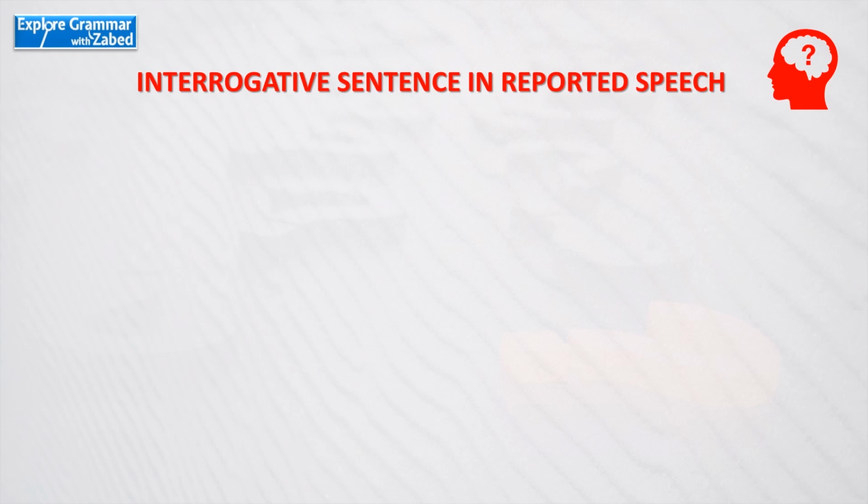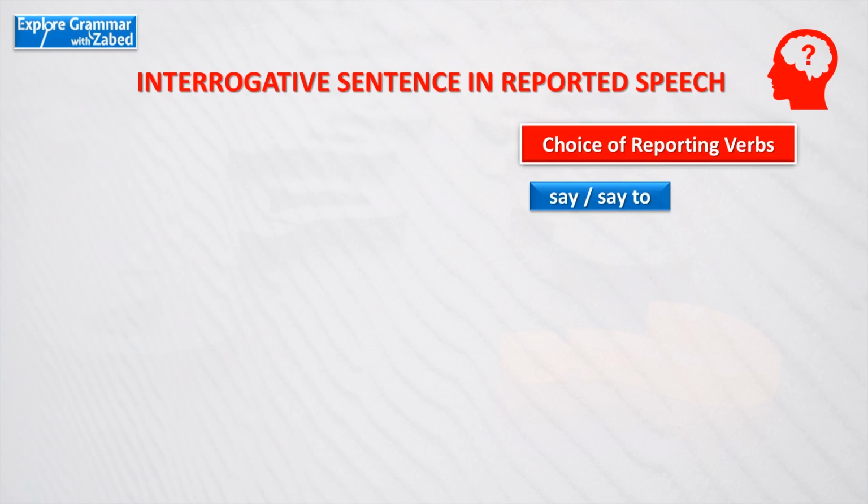There are three important changes you must remember when you convert an interrogative sentence from direct speech to indirect speech, as others remain the same as in an assertive sentence. Changes are change of reporting verb, conversion of the question into a statement, and the replacement of inverted commas. If the reported speech is given in an interrogative sentence, the reporting verb will be changed accordingly.